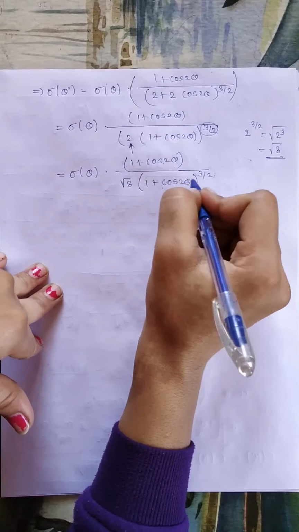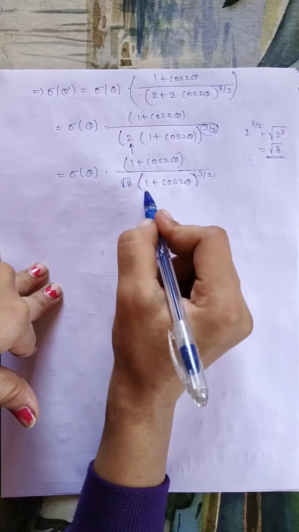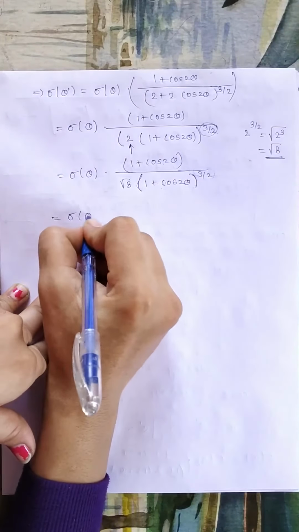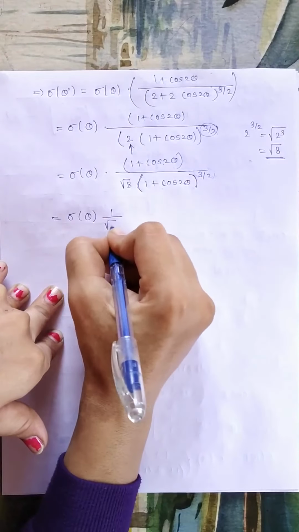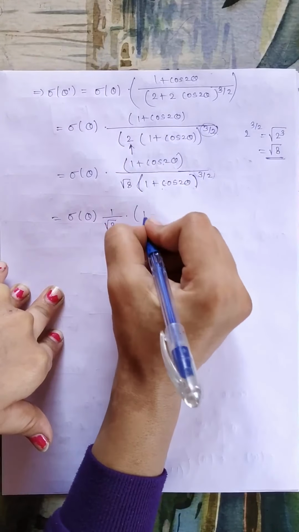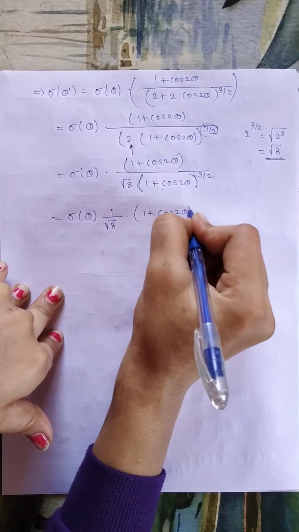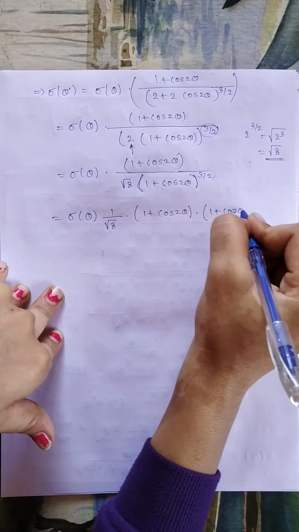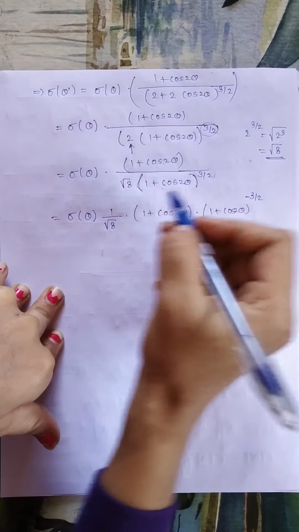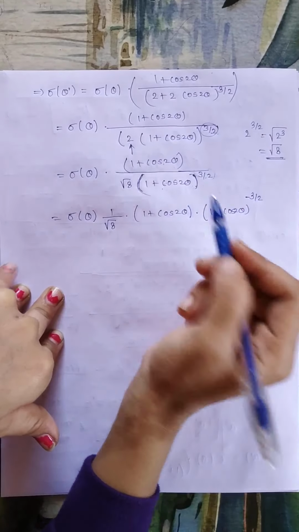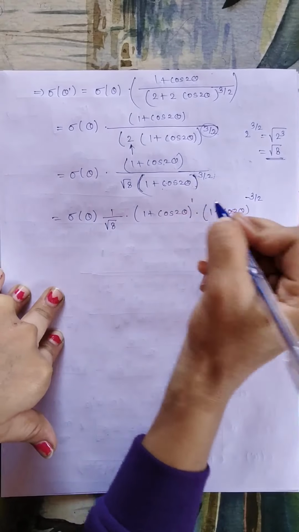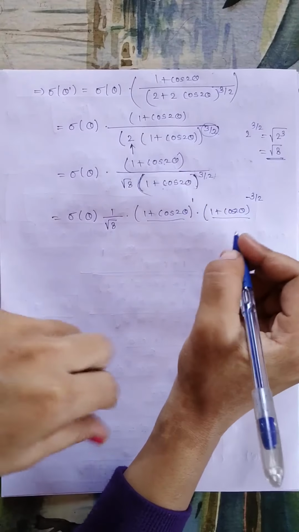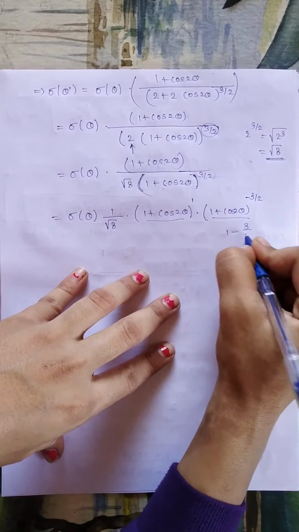Now this is 1 upon this raised to 3 by 2, so I can write it as sigma theta 1 by root 8, this as it is 1 plus cos 2 theta into, I can write this as 1 plus cos 2 theta raised to minus 3 by 2, since it is 1 upon this bracket raised to 3 by 2. Now if you observe here, bases are same, so we can take addition of power, which is 1 minus 3 by 2.